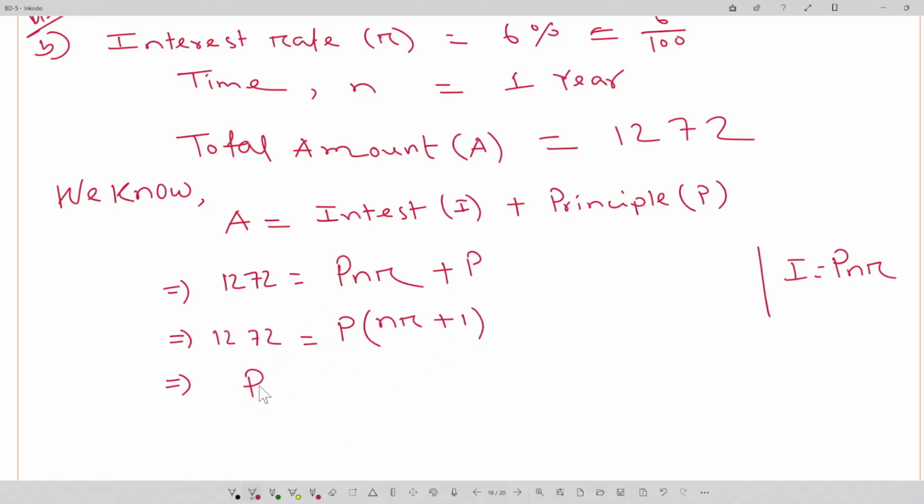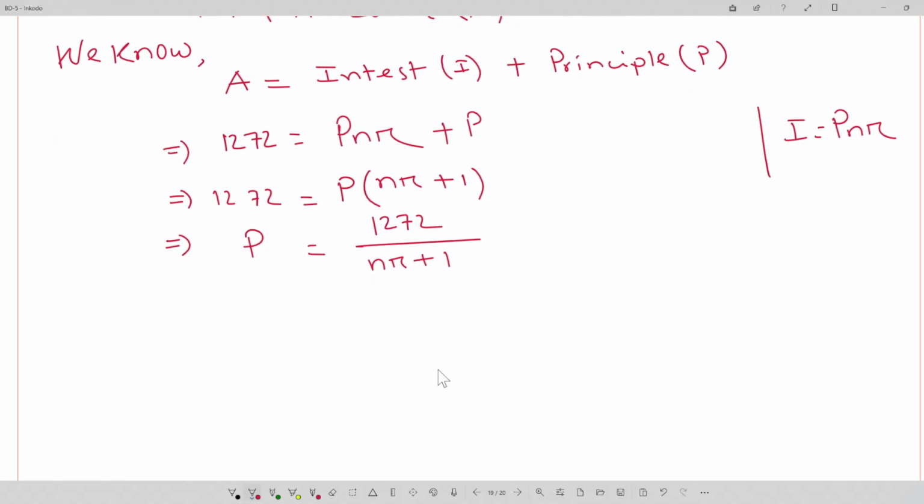So we can write P equals 1272 divided by nR plus 1. Now 1272, n means 1 times R means 6%. 6% means 6 by 100, plus 1.